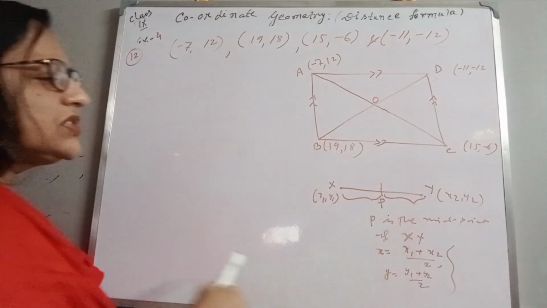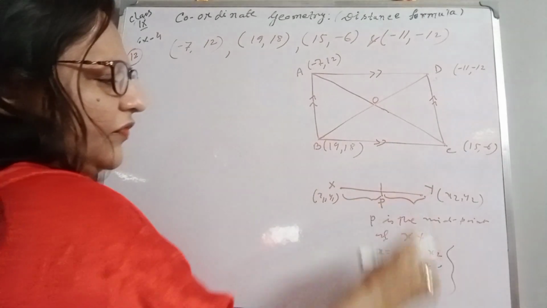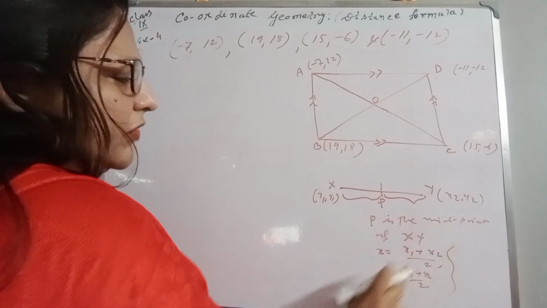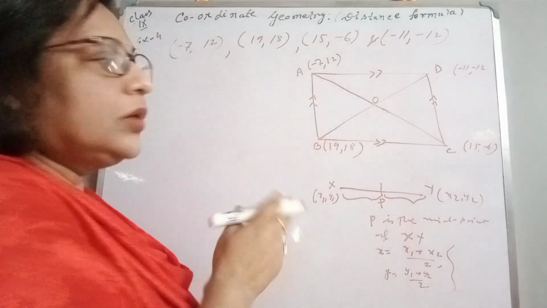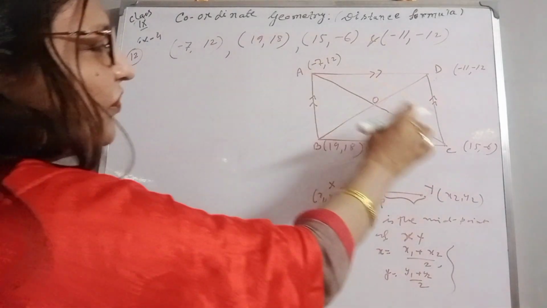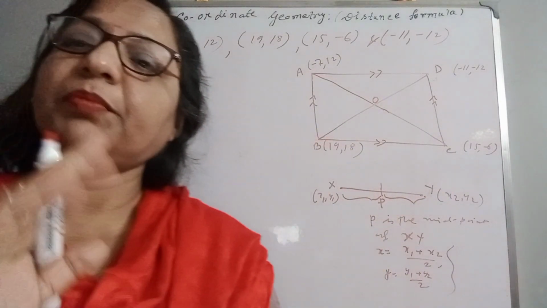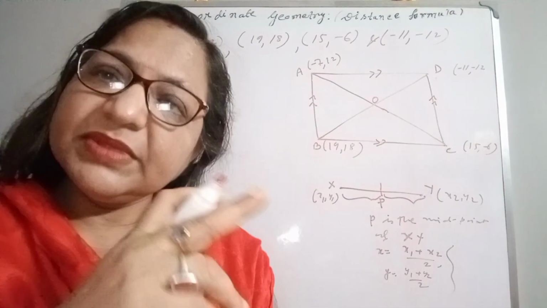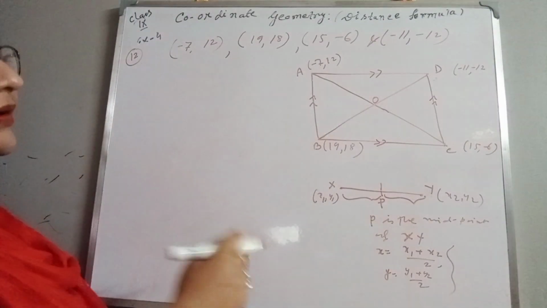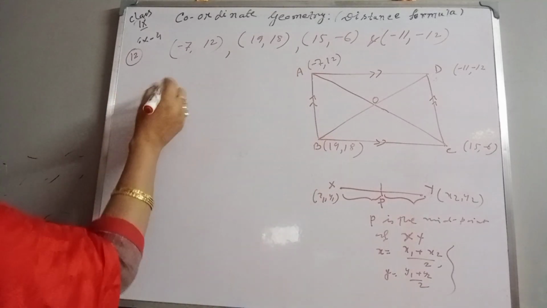This way we can find the midpoint of any line. Now we will apply this theory. We have to find the midpoint of the diagonal AC, and similarly the midpoint of the diagonal BD.